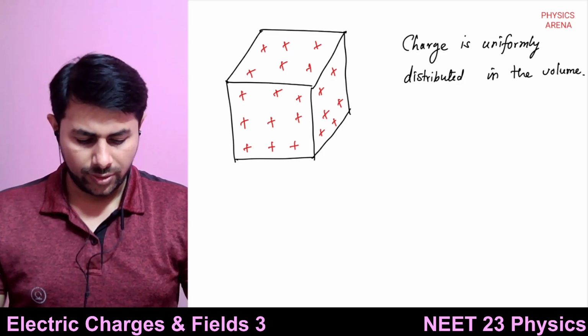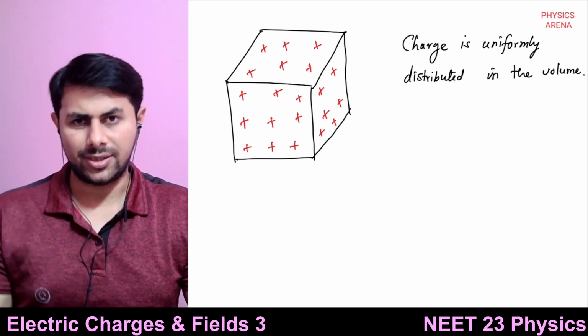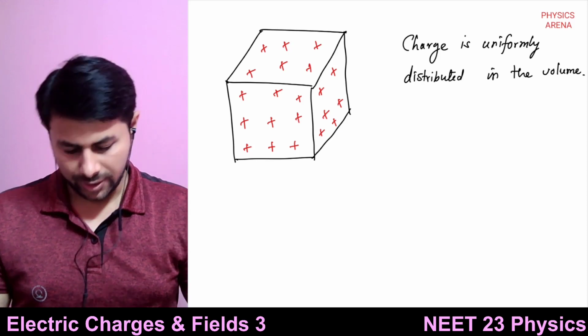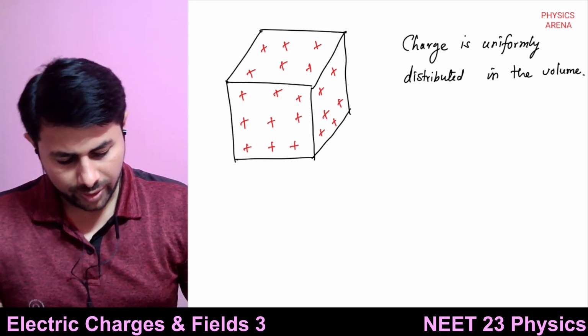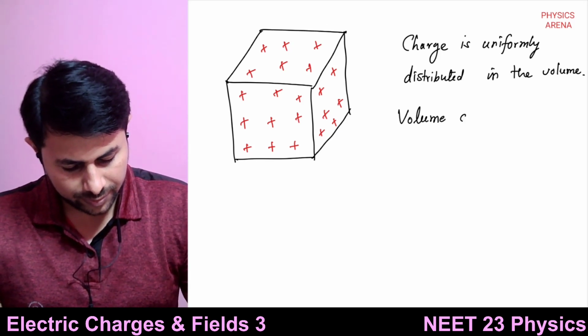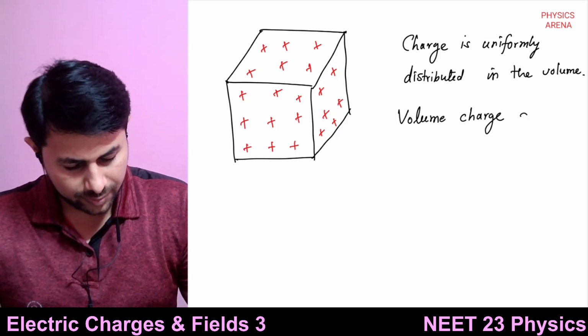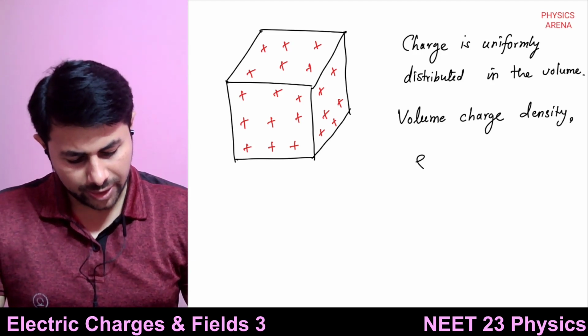Here we have to define a quantity known as volume charge density. Since the charge is uniformly distributed all over the volume, we define volume charge density, and we denote it by rho.